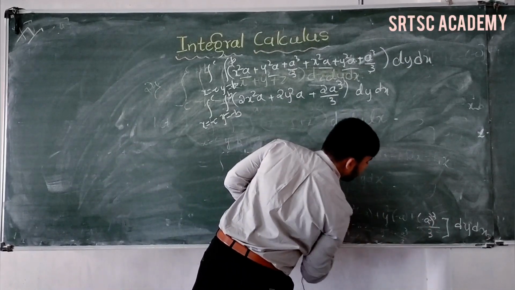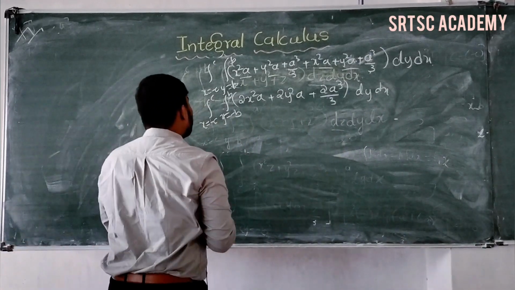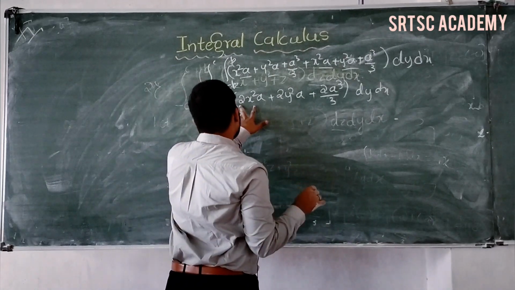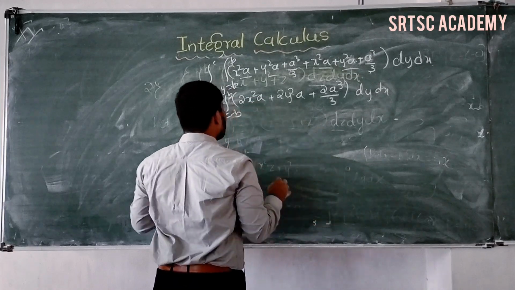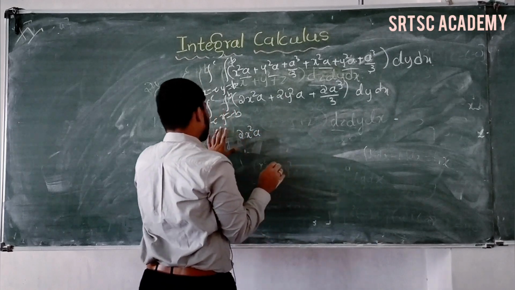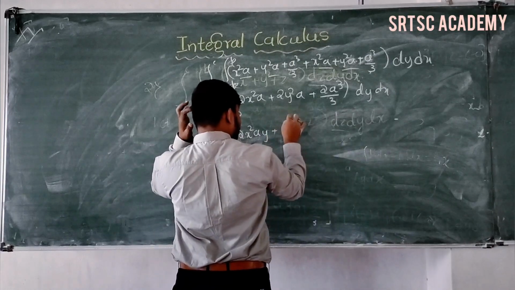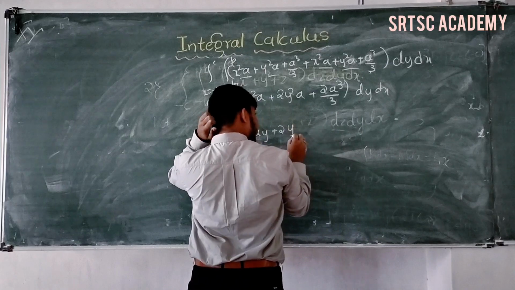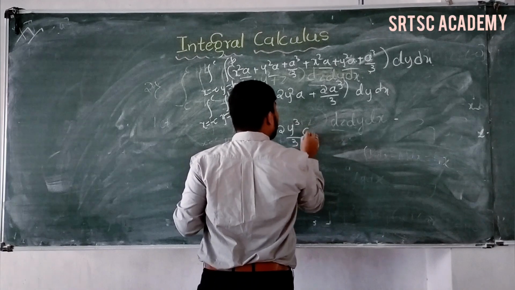After that we have to do, similarly, now we have to integrate it with respect to y. 2x square a. See here, no terms are y, so this complete term becomes constant. So 2x square a, write as it is, into y. Plus here is y square. The y term is there, 2a write as it is, y square means integration of y to the power 2 plus 1, that is y to the power 3 divided by 3.